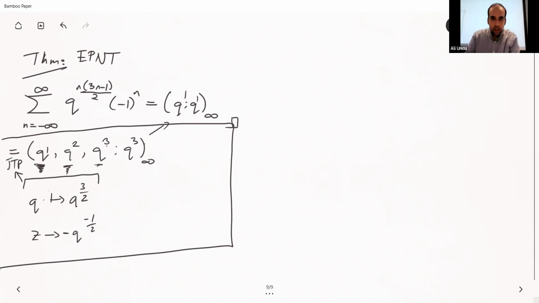Now, remember that (-xq; q)_infinity, which I will turn into my (q; q)_infinity, was the generating function for partitions into distinct parts. You take all the partitions into distinct parts. The x counts the number of parts in your partition, and the size of the partition is counted by the exponent of q, right?